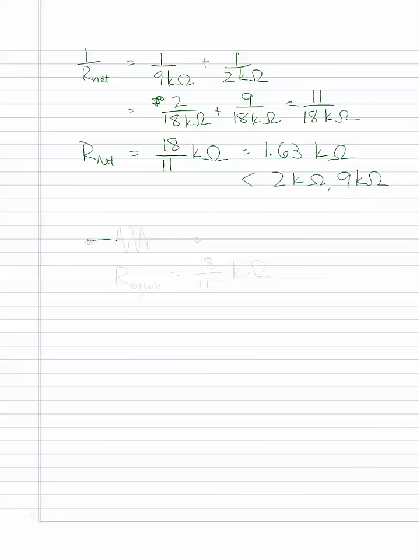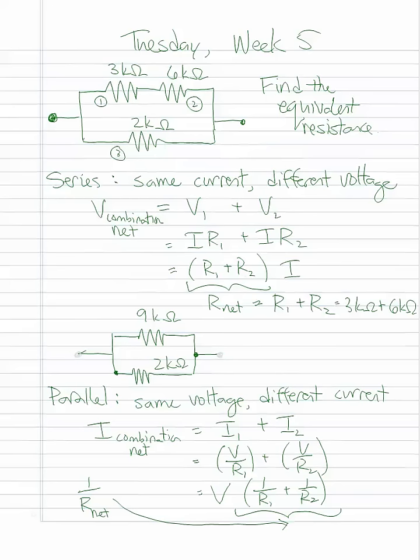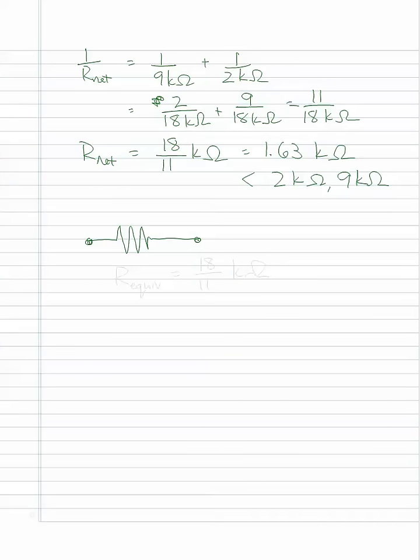And so the answer is that we have one resistor across these points here, these points A and B, that is the equivalent resistance of 18/11 kilo ohms. And that's the end.